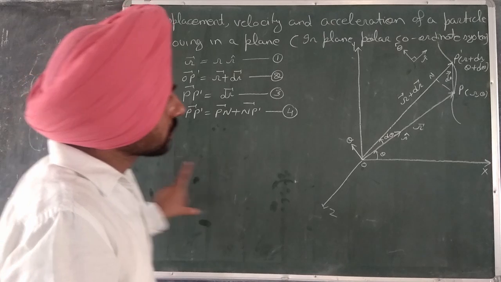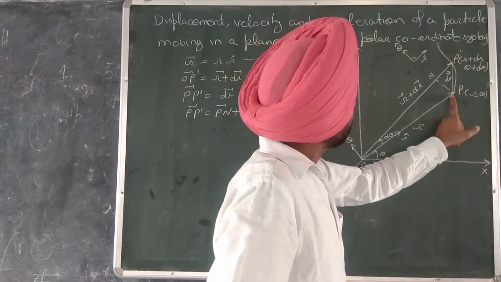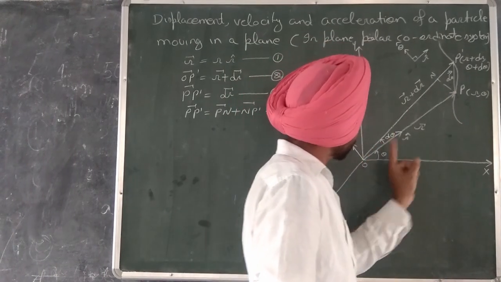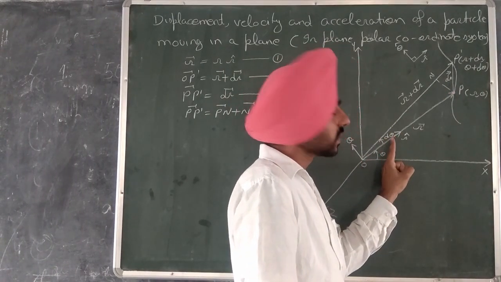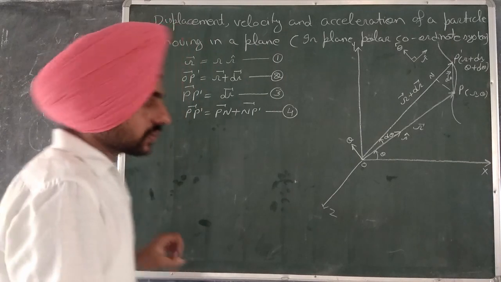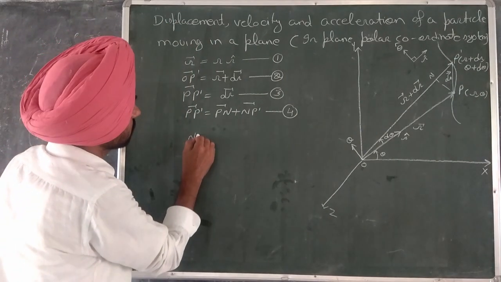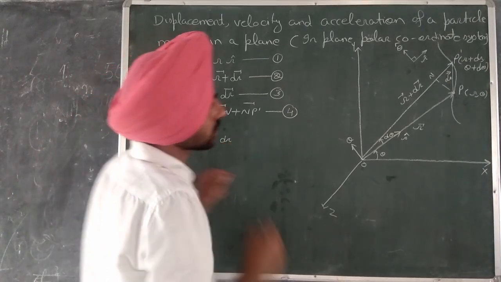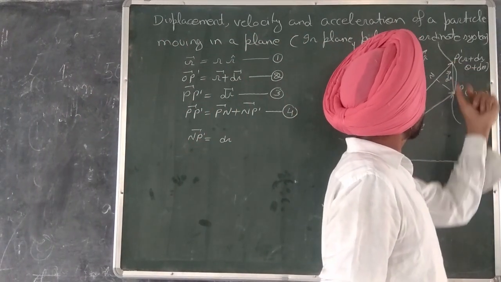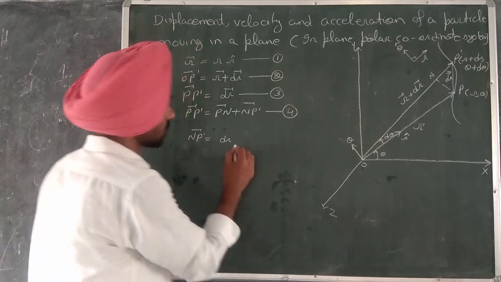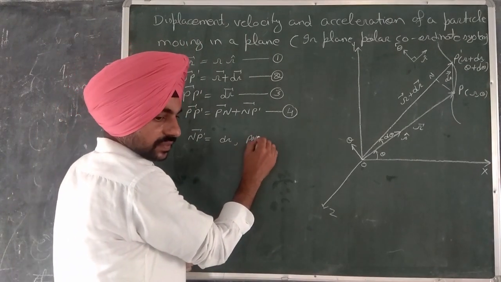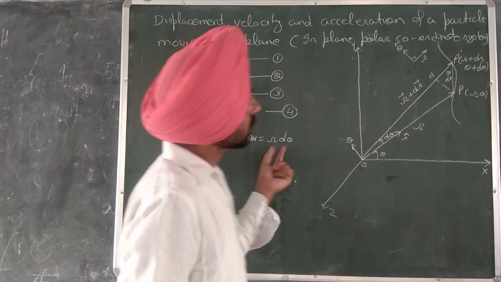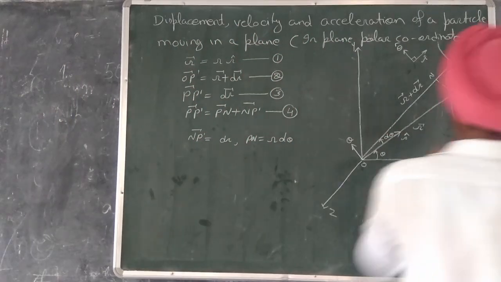Now this PN may be considered as a small arc, due to the small change in angle d theta. So this NP prime is dr, and this PN is r d theta.